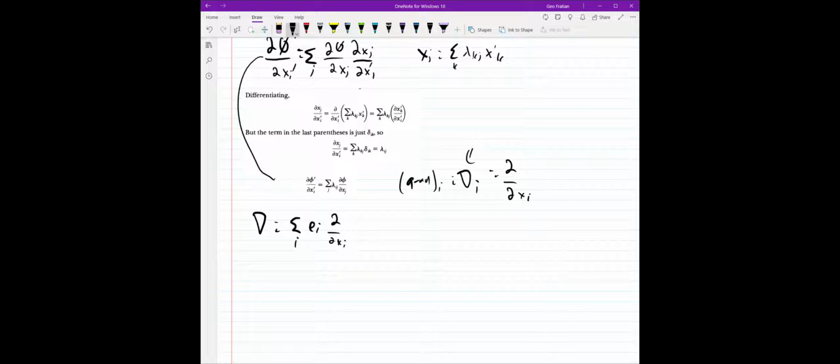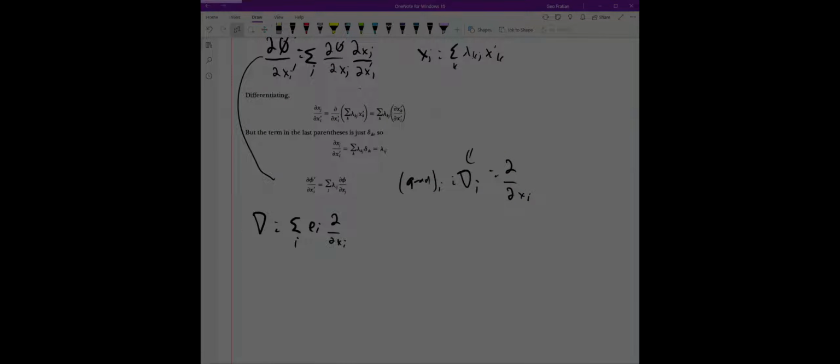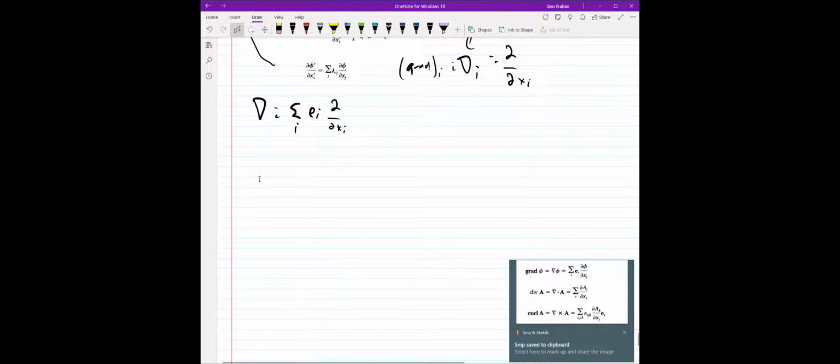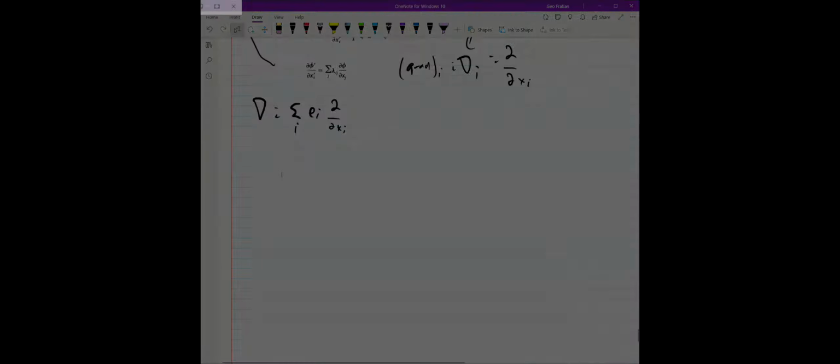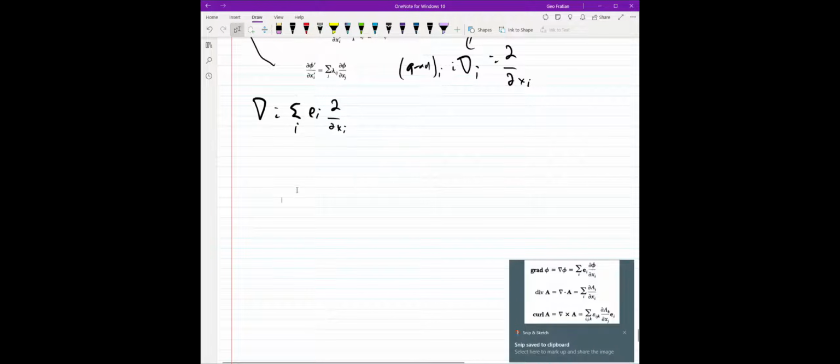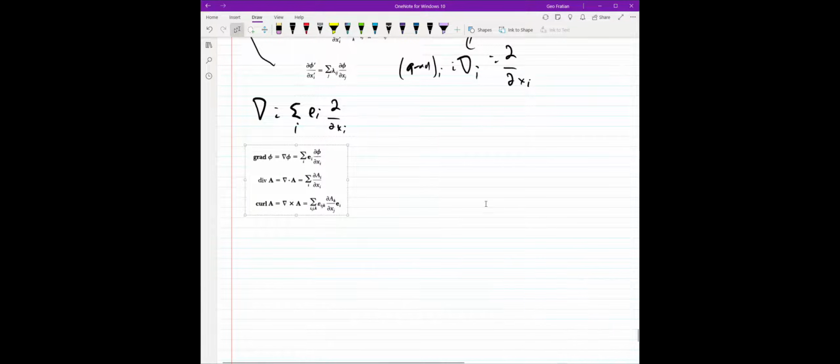So we can basically define three things with respect to this, which are the gradient, divergence, and curl. So we have the gradient of a scalar function, grad phi, which is just what we defined above. Then we have the divergence of A, where A is the vector again.